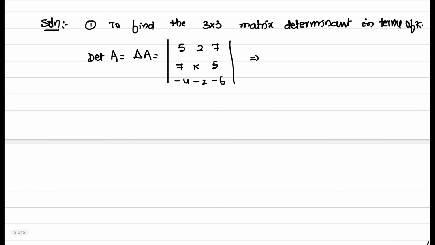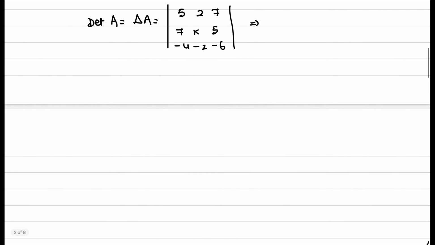Let us take the first row, find the cofactors and sum up the product of cofactors and elements in the first row, we will do like this.